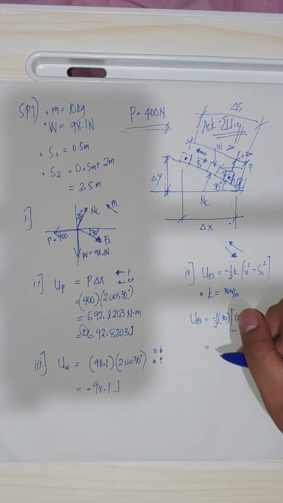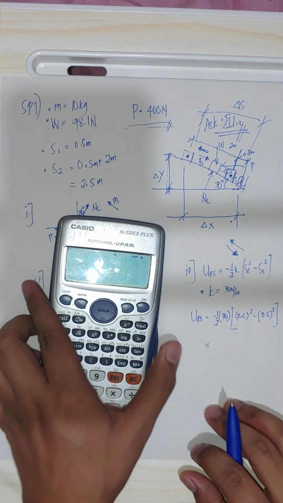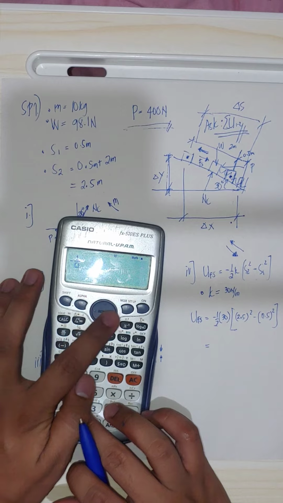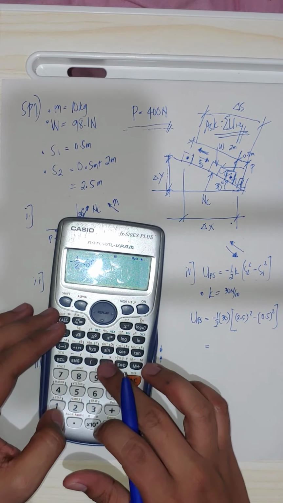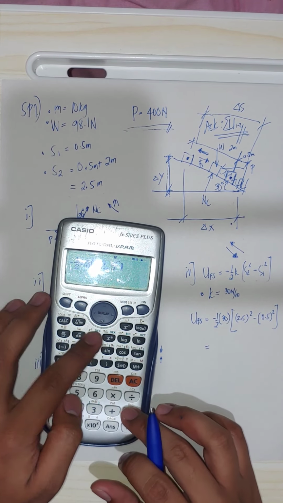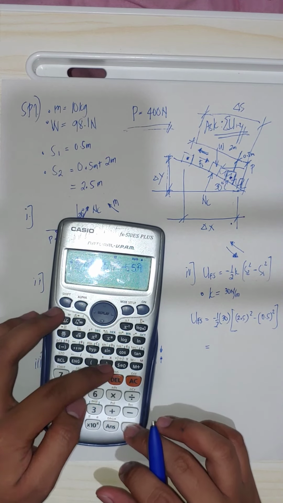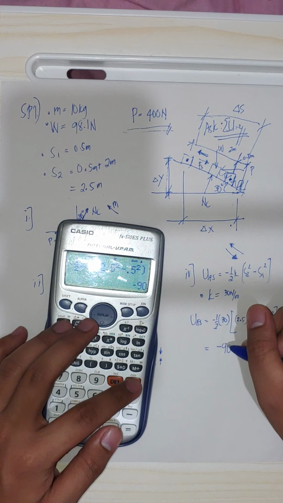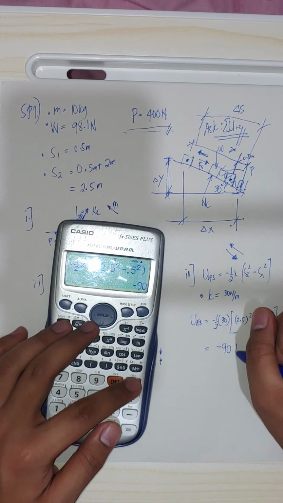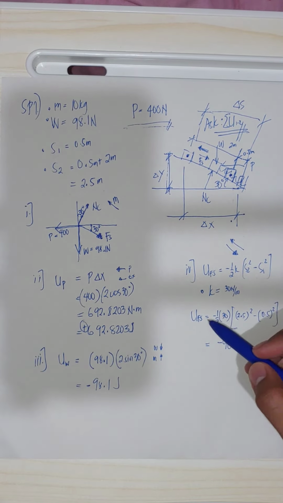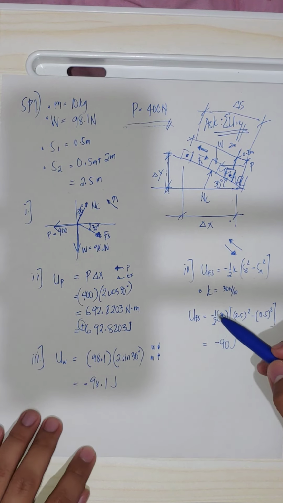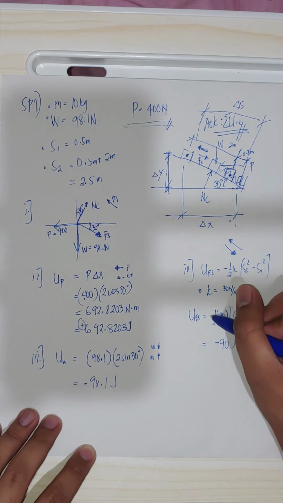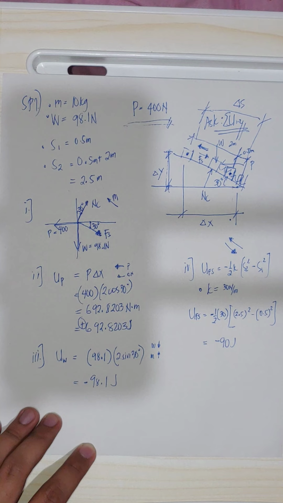So we will have an answer of negative 1/2 times 30 times 2.5 squared minus 0.5 squared, that is negative 90 joules. We put the sign directly, already negative, because it is always assumed that the force of the spring is always opposite to its motion.